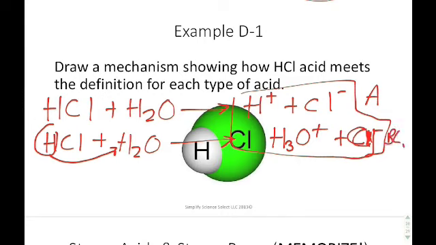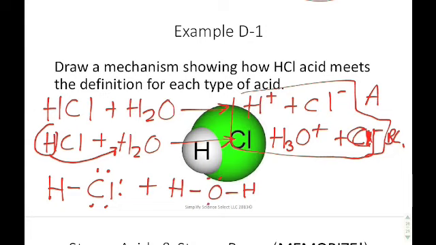The last one is this idea of the Lewis acid. So we're going to draw the electrons that are there. So we have our electrons, and we do the same thing for water. We have HOH. Put our electrons there. And remember, what an acid is, it's just got to be able to accept these electrons.